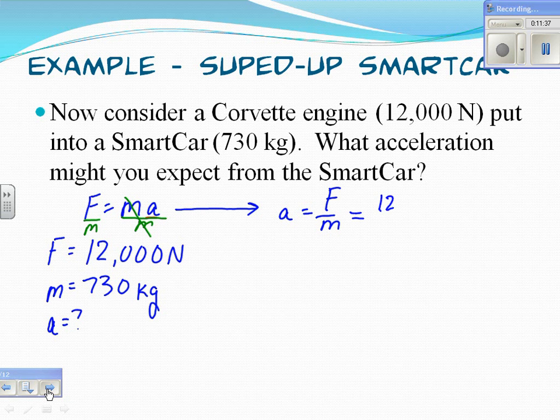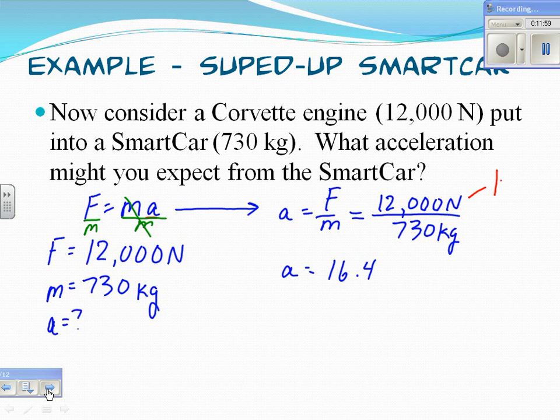Well, we know the force we said was 12,000 newtons over our mass of just 730 kilograms now. So dividing those out, we get 16.4. Now the units here, this is why it's important to remember what a newton means.